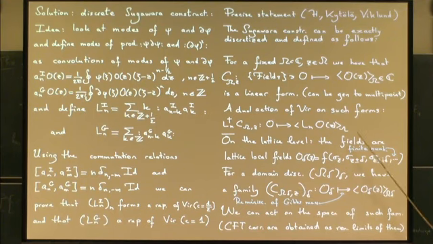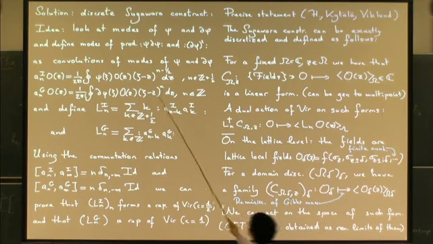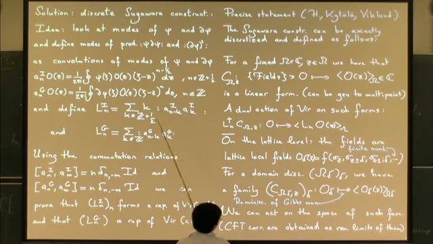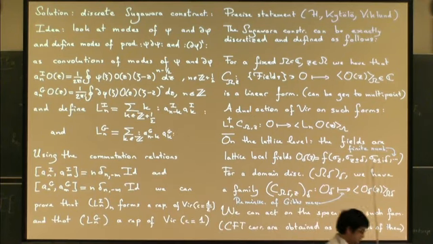There are several dual ways you can define this action, but I think that's the simplest. And so we can act on the space of such fields. Again, CFT correlations are obtained as renormalized limits of these correlations. And that's the main message, that things can be discretized by replacing these guys by discrete analogs of them.